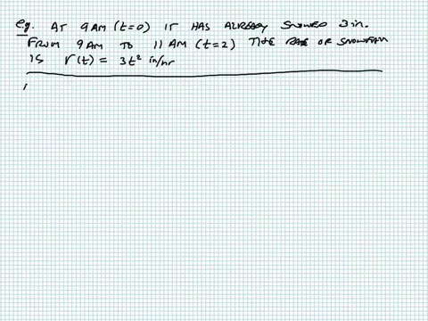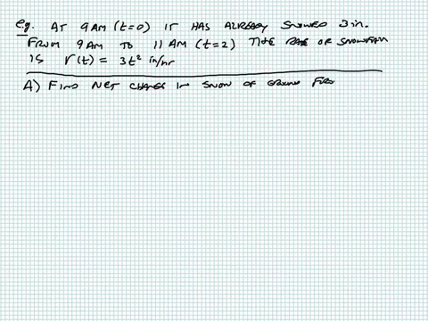Okay, so the first thing you want to do in part A is find the net change in snow on the ground from 9 a.m. to 11 a.m. And we'll assume that there's no melting.